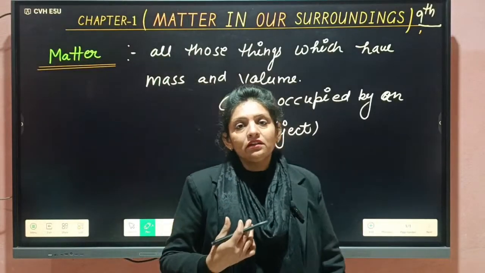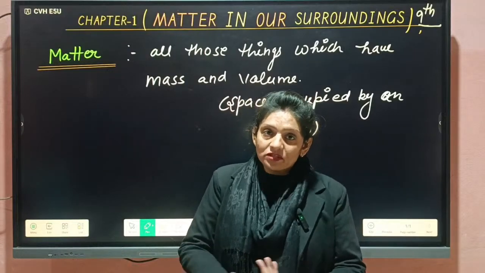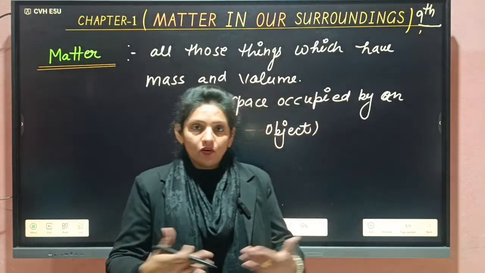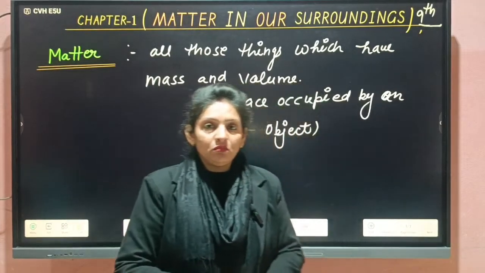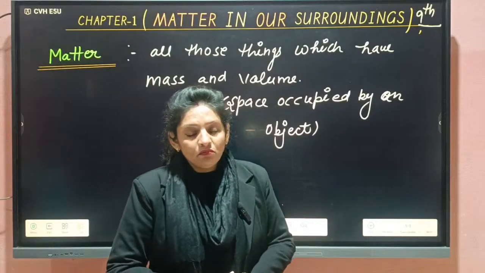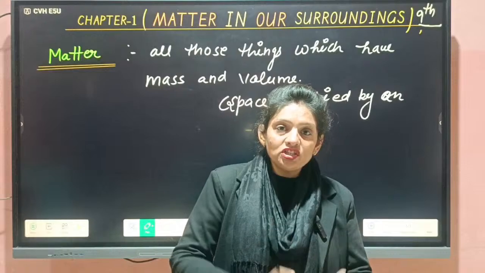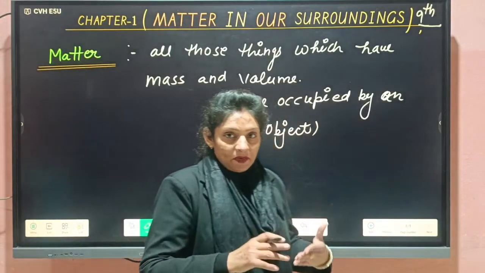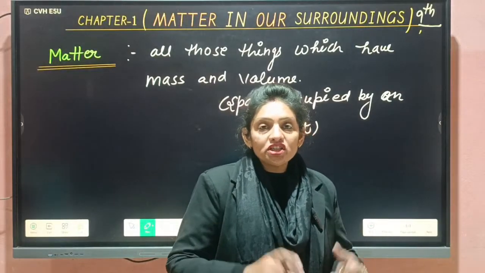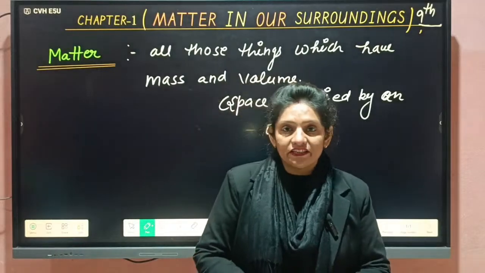I am also matter because I have some mass as well as I occupy some space. Students, you are all listening to me. You are also matter. Means all those things which have mass and which occupy some space, or we can say which can be felt by any one of the 5 senses.